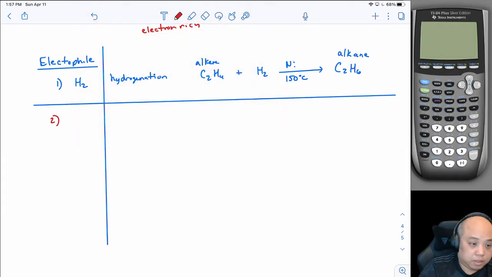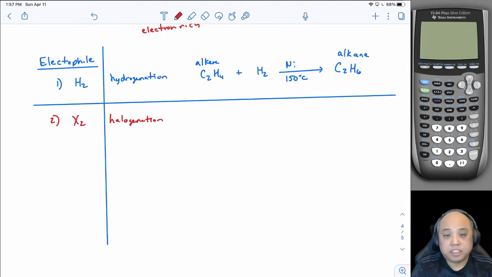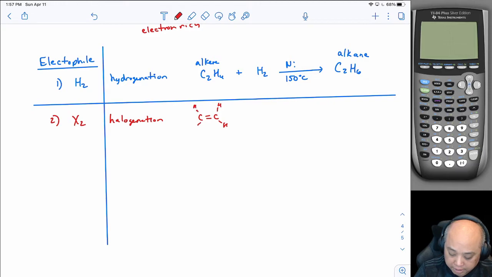Okay. Second one. Halogenation. Okay. With a halogenation, what you're doing is you're replacing the double bond with two halogen atoms. So instead of having a carbon-to-carbon double bond, you have now a halogen attached to each carbon.